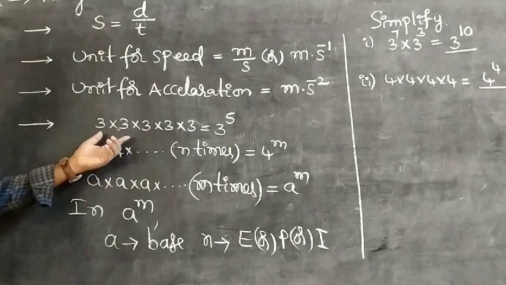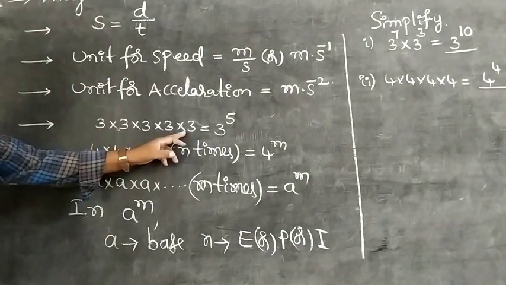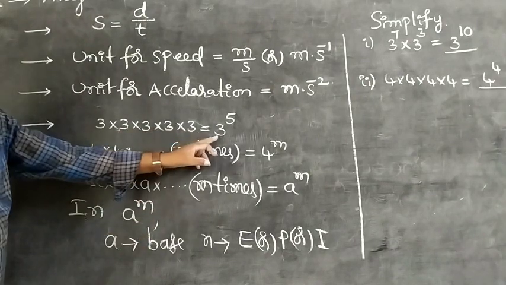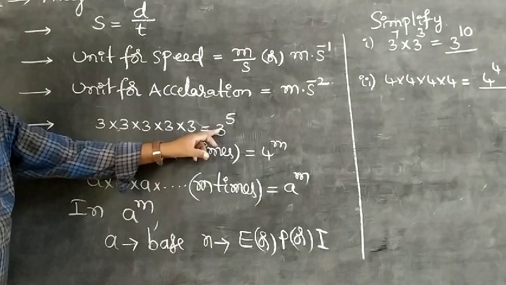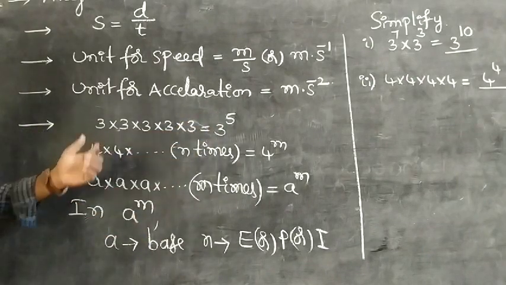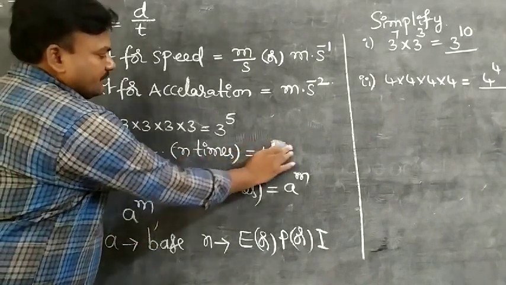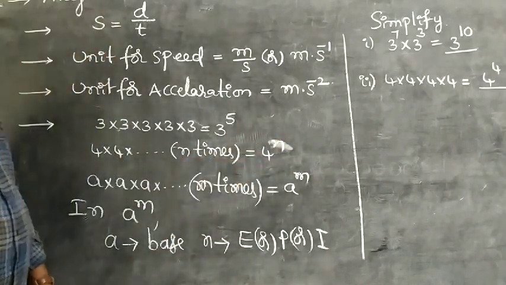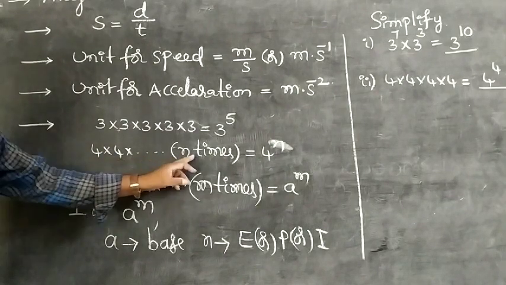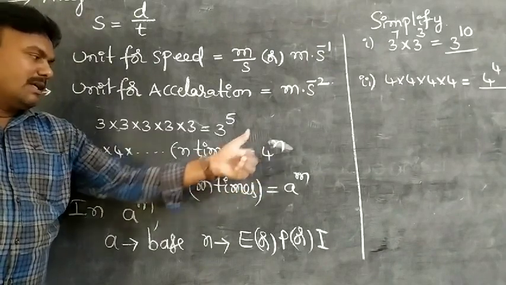So, let us take some examples. 3 into 3 into 3 into 3 into 3: here 3 appears 5 times, which implies 3 raised to the power 5, or 3 power 5. And also 4 into 4 into 4 and so on up to n times can be expressed as 4 raised to the power n.